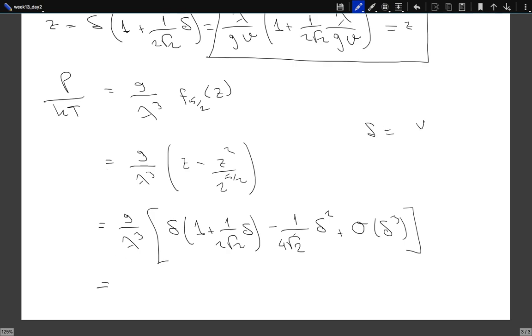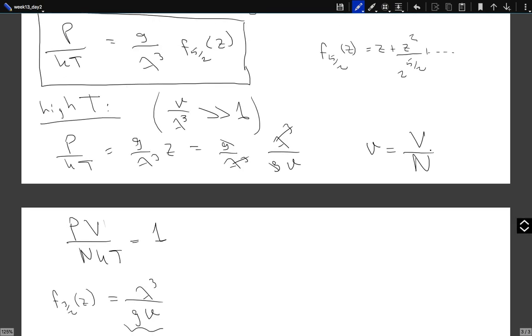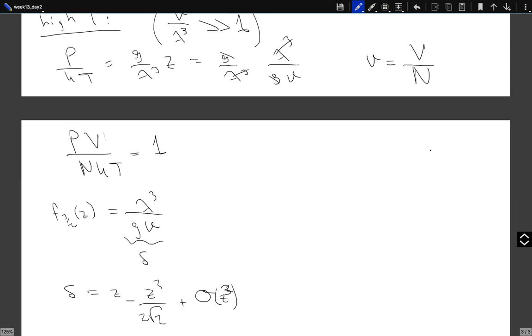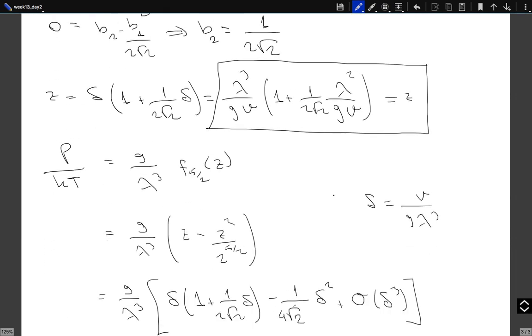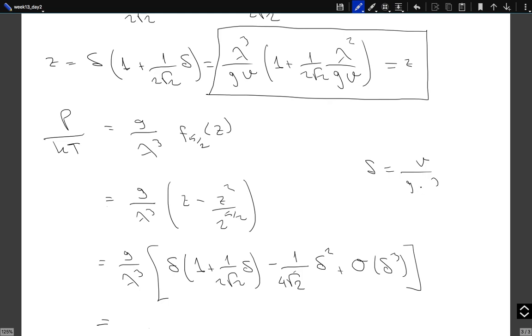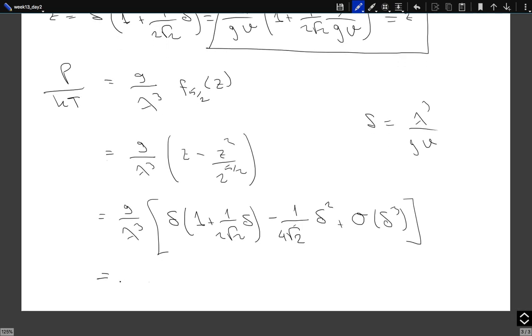Keep in mind delta was lambda cubed over g v, sorry. So here, instead of 1 over lambda cubed, we have 1 over delta g v, 1 over delta v.